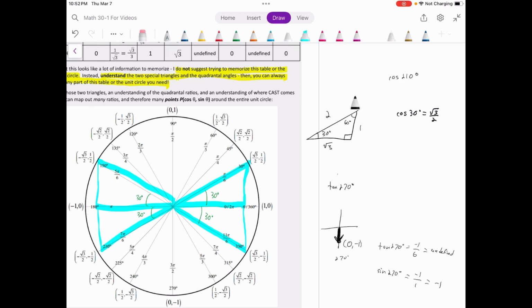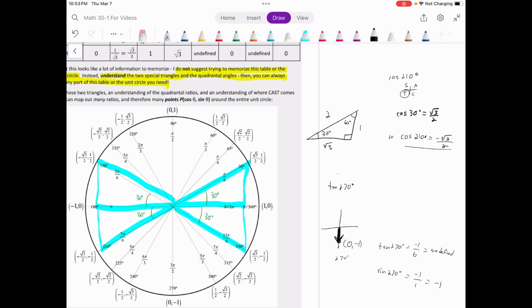Yes, cos of 30 is root 3 over 2. Cos of 210 is going to have the same value, but it's going to be negative because cos is negative in the third quadrant. Okay, and that is how we're going to approach these and solve them.